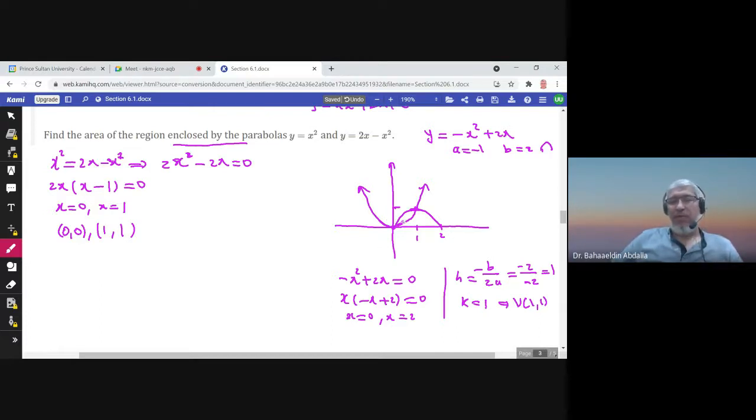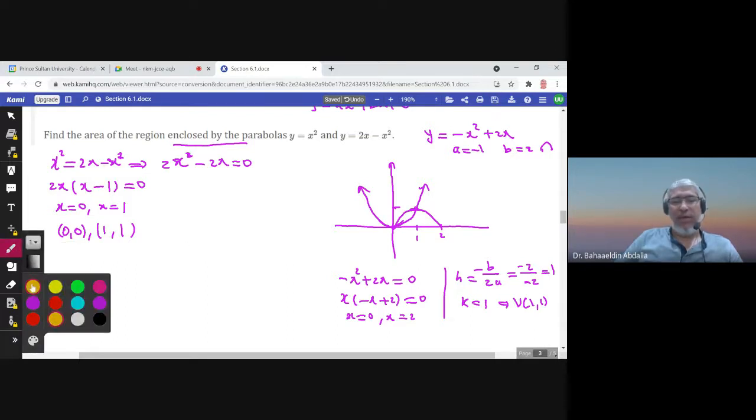Now, to find the area, I need a typical rectangle. This is a typical rectangle. If you move this rectangle right and left, always the width of the rectangle would be delta x.